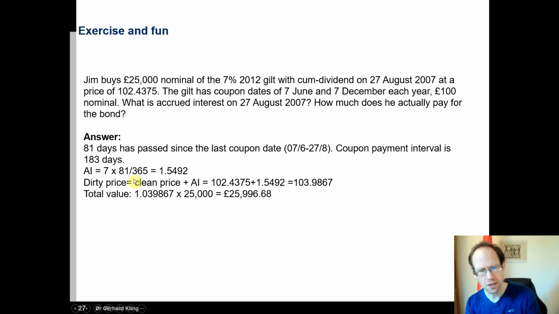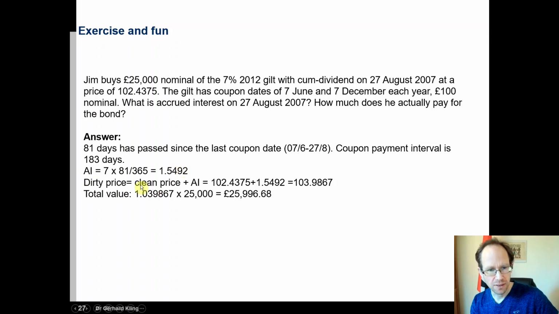Of course, you note I have 2 payments per year, so the alternative in terms of calculation is to divide not by 365 here, but divide by half of it, and then adjust the coupon rate to 3.5. But of course, mathematically, it's entirely the same. So this would be the accrued payment you would make because of the accrued interest.